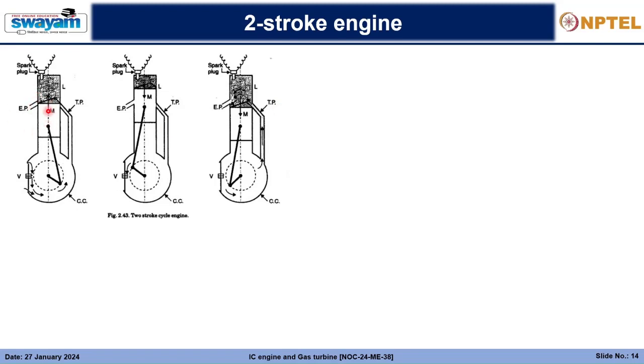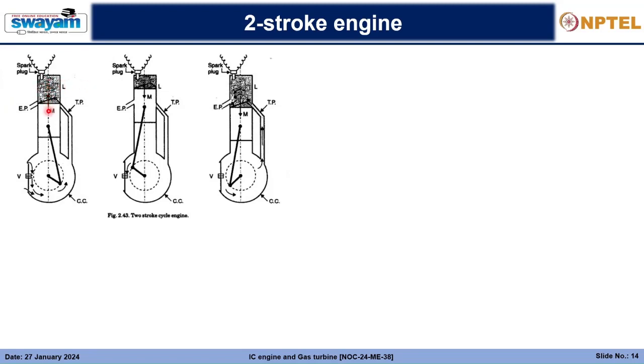So what happens is that initially the piston, which is at the bottom dead center, will rise up. It will compress the combustible material out here. Okay, let us first talk about how the combustible material goes down there. Suppose the piston is at the top dead center.